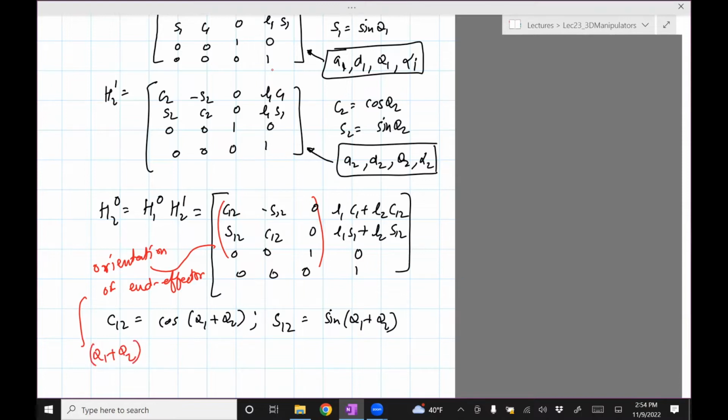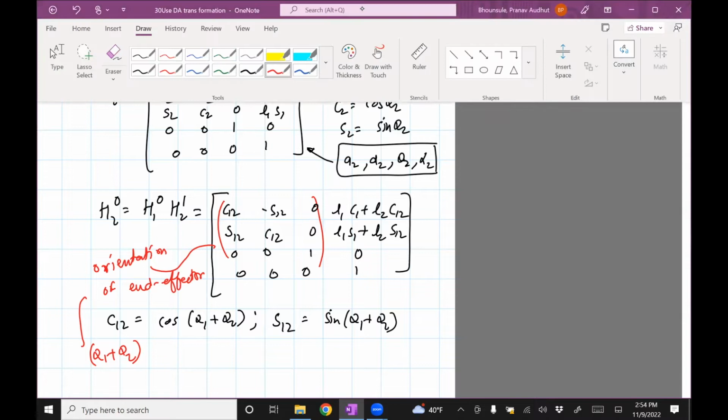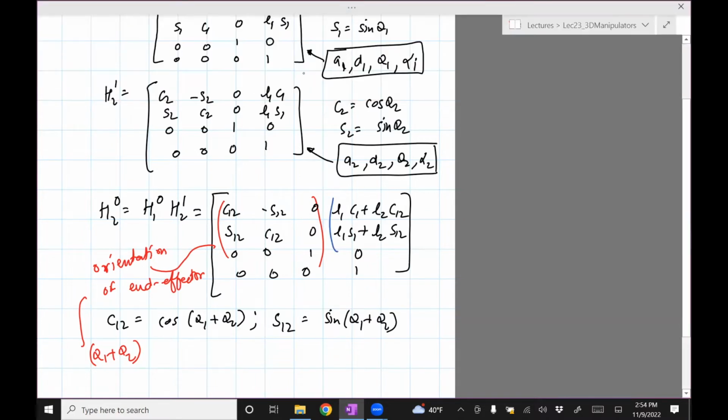That's the angle made by the end effector with, in this case, the z-axis. And then this is the position of the end effector, which is exactly what we got earlier: L1 cosine theta 1 plus L2 cosine of theta 1 plus theta 2.